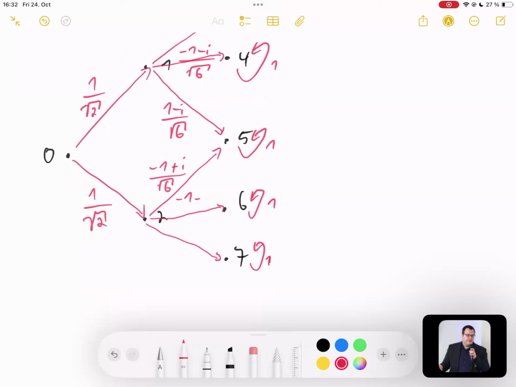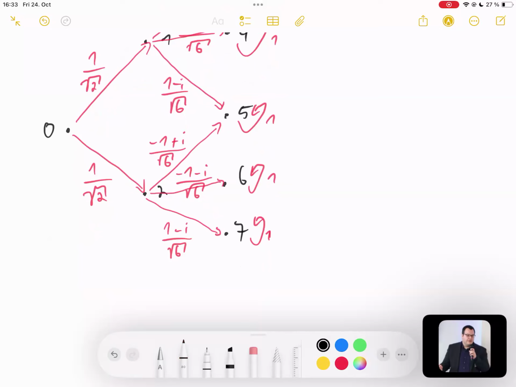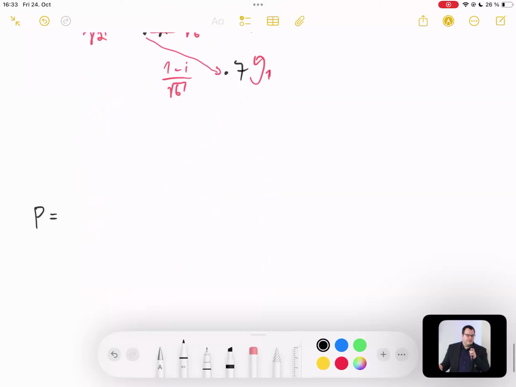Then -1 minus i divided by the square root of 6. And 1 minus i divided by the square root of 6. And you all know that we can also turn this into a matrix, which we will do now. So P is our matrix, and I will just write out the matrix step by step. And then we will observe something quite interesting happening in this matrix.